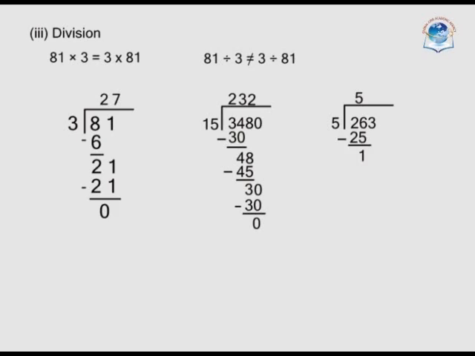Subtract, you get 13. 5 into 13 2 times because of 10. You subtract, we get 3. Nothing to drop and 3 is the remainder. So our answer is 52 and a remainder of 3.